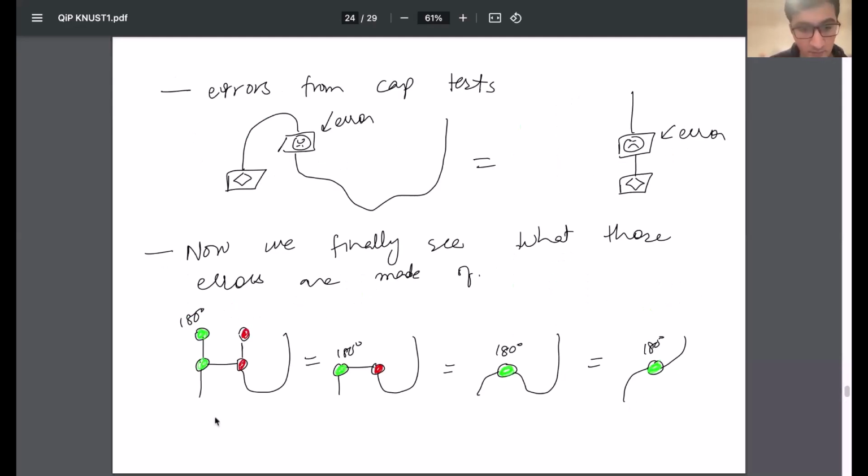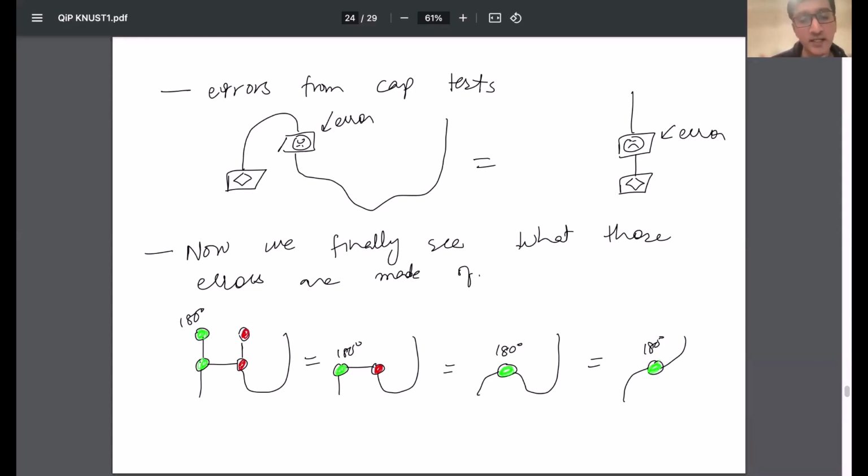Remember, the wire at the bottom is to be connected to the state that is to be teleported. So if we have an error in the measurement, that means that the state is teleported, but it is also modified by this unitary, which is the error.